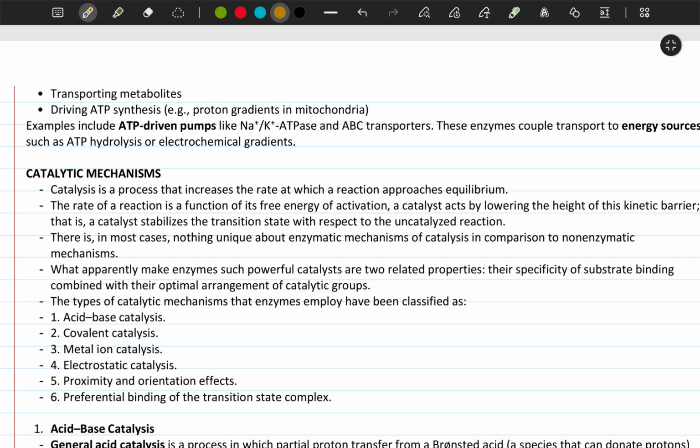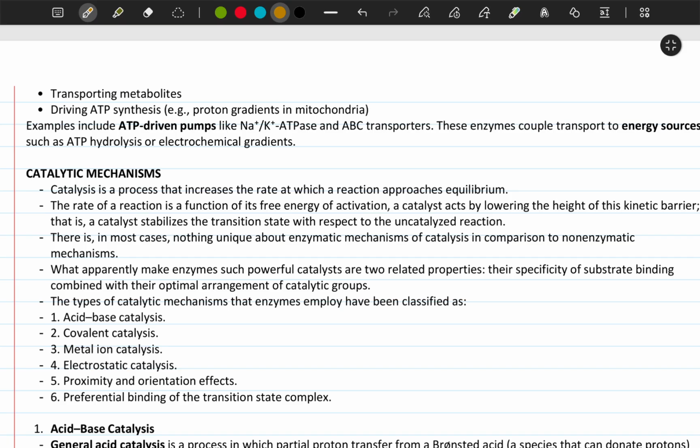The rate of reaction is a function of its free energy of activation. A catalyst works by lowering the height of its kinetic barrier, that is, a catalyst stabilizes the transition state with respect to the uncatalyzed reaction. There is, in most cases, nothing unique about enzymatic mechanisms of catalysis in comparison to non-enzymatic mechanisms.